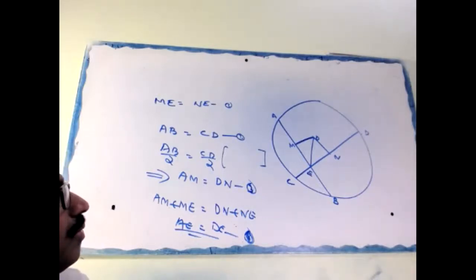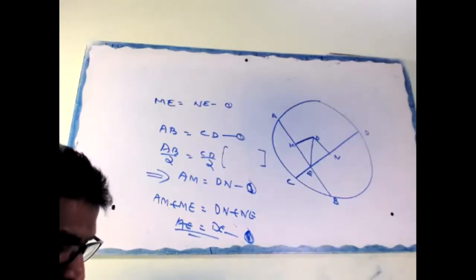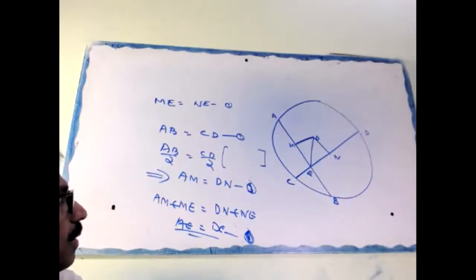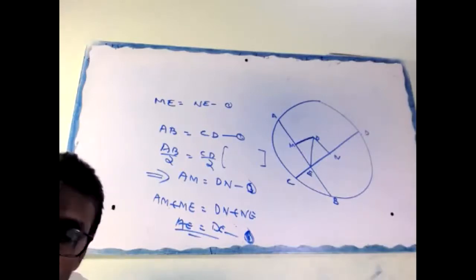Then 2 minus 4: AB minus AE equal to CD minus DE. That is BE equal to CE. Okay, check all this one.